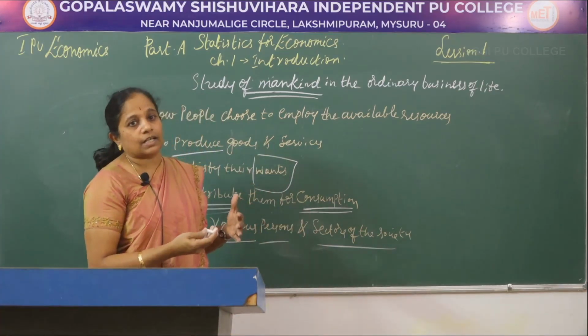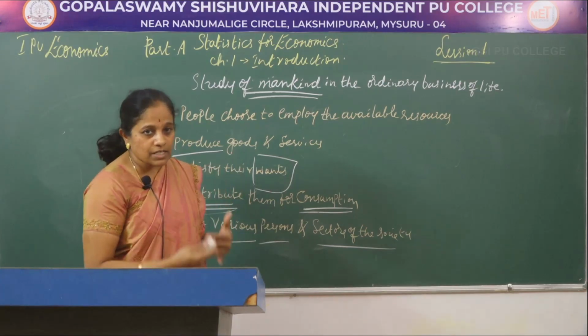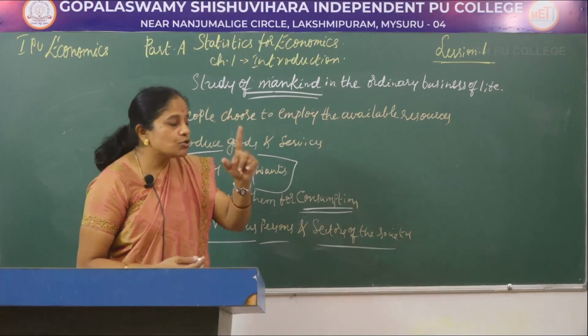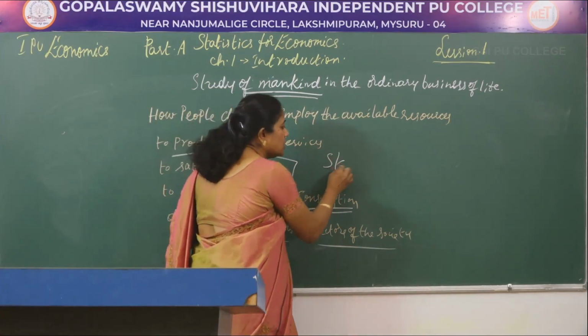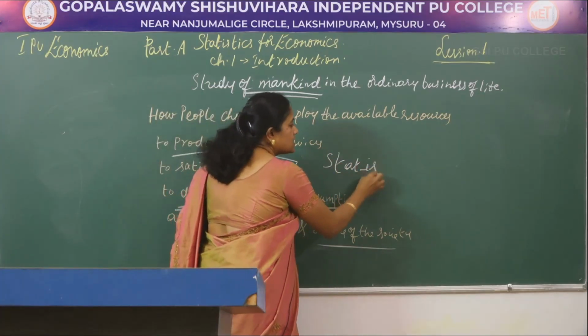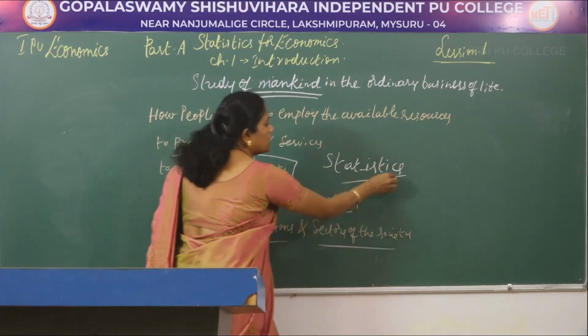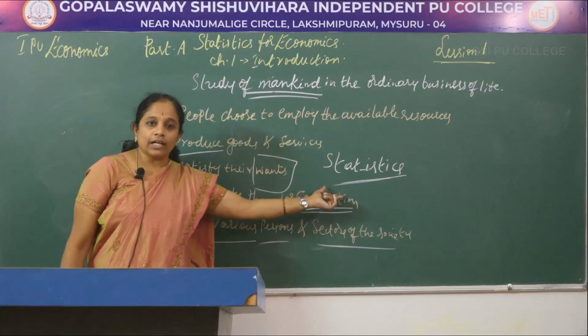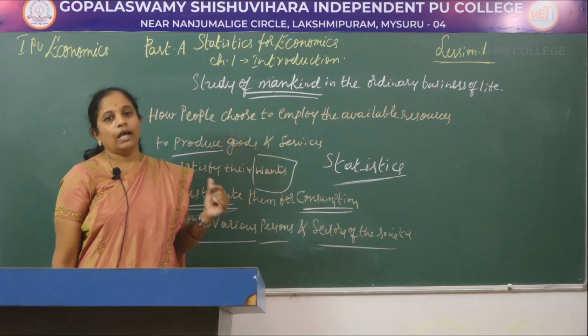To take decisions about the purchasing of goods and services to satisfy human wants, and the decisions related to availing the services provided by the service provider, we have to have the knowledge of what? That is statistics. If we have the knowledge of statistics, obviously we are able to take the decisions related to the economy.